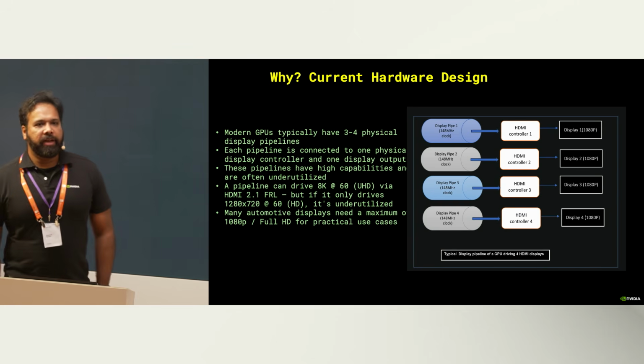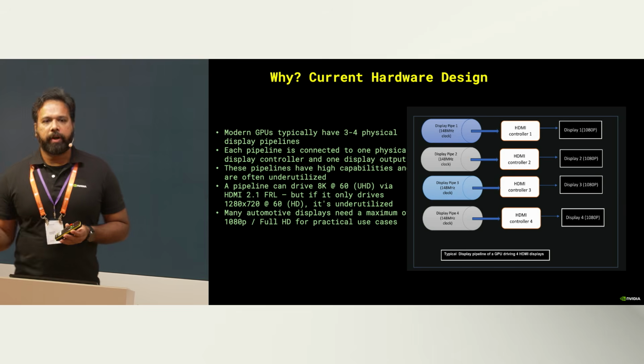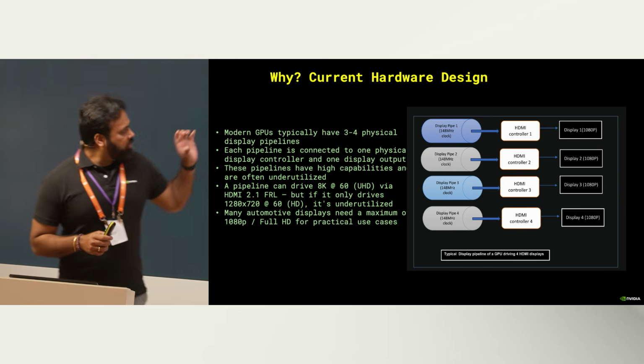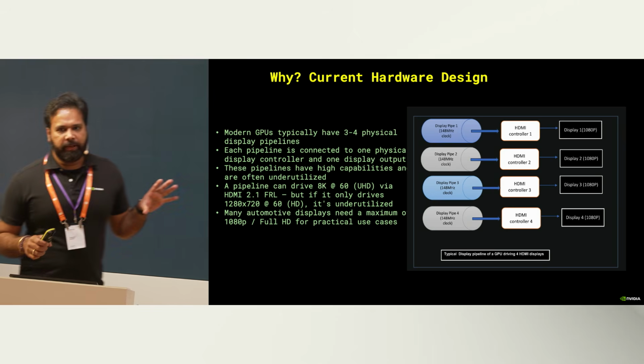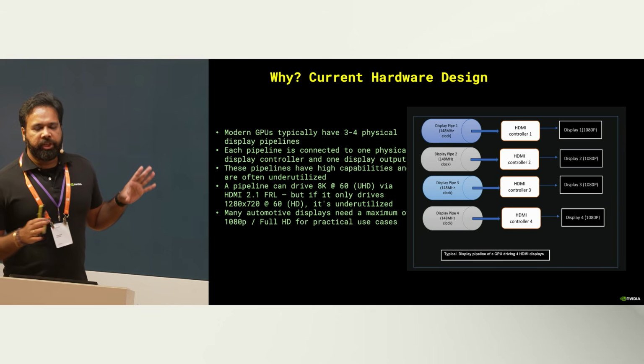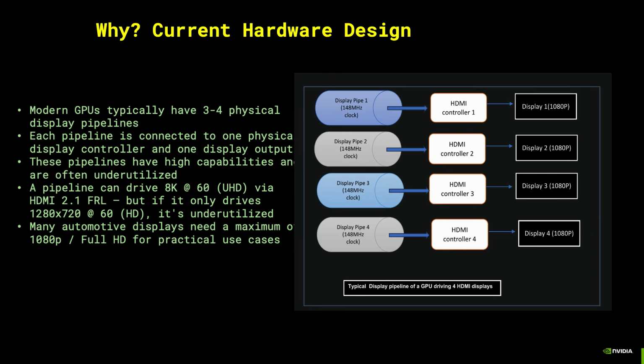First, I would like to explain why we can only drive 4 displays out of the 4 GPU outputs. It's not just about the port that you are seeing at the end. If you zoom into a GPU design and look at the hardware blocks, this is typically how it looks, where it actually has 4 different display pipelines.